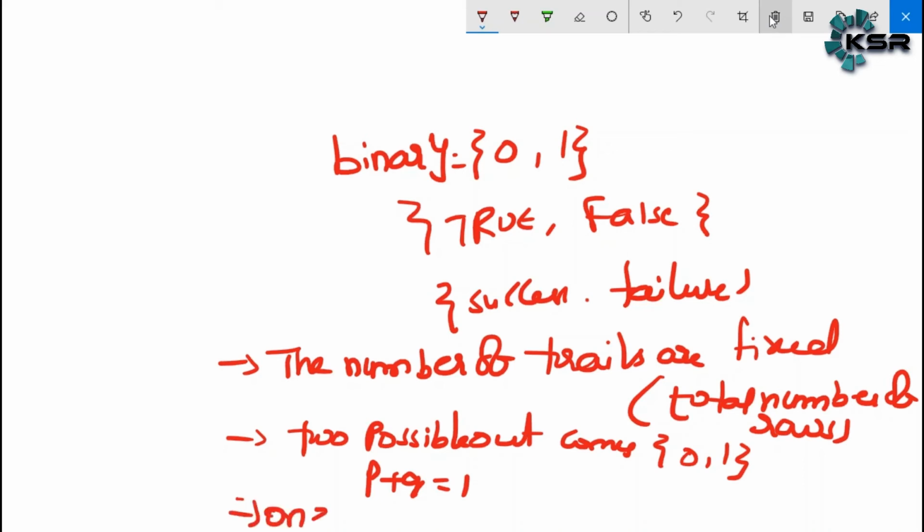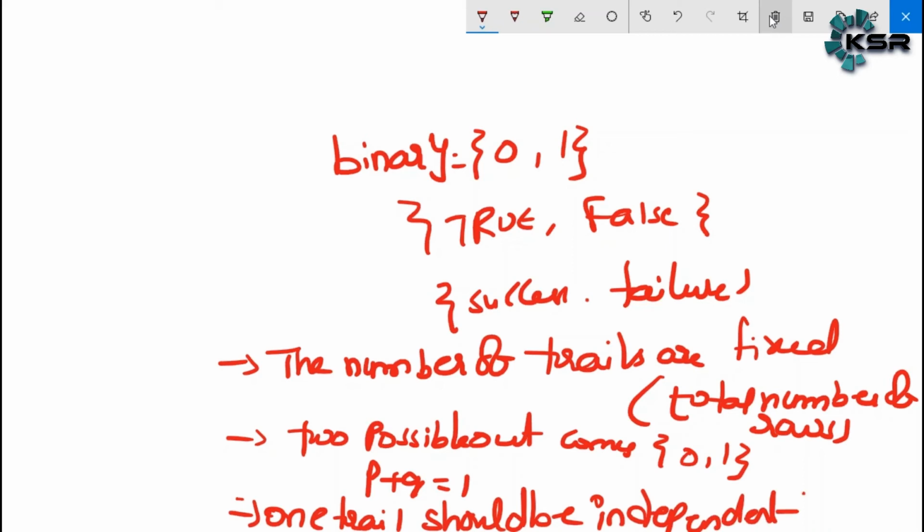Third, one trial should be independent of the other trials.